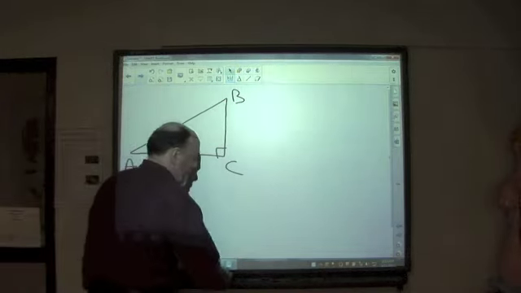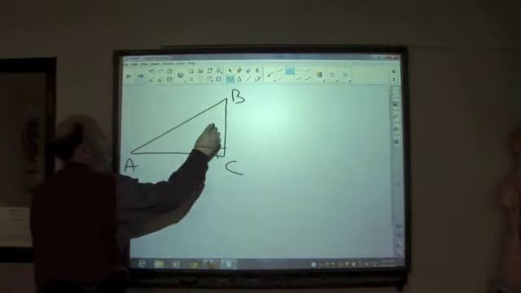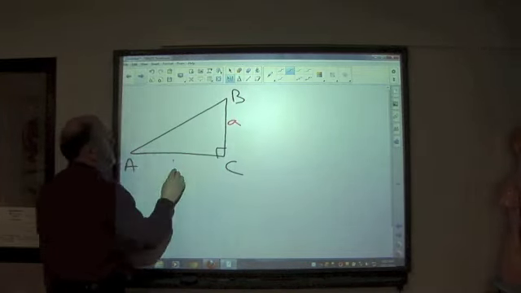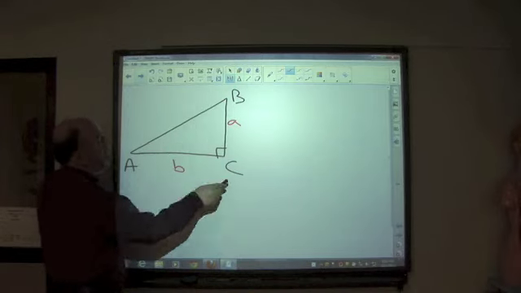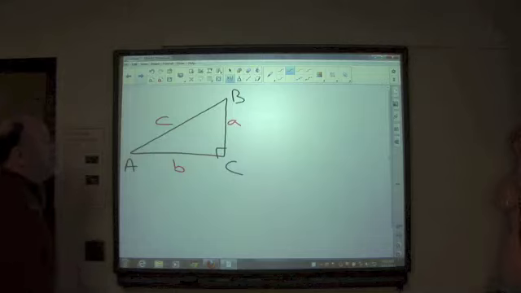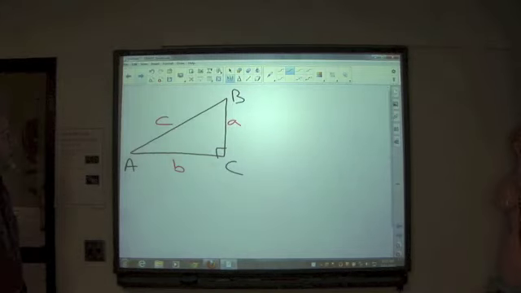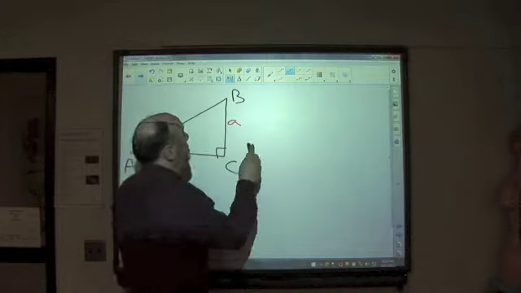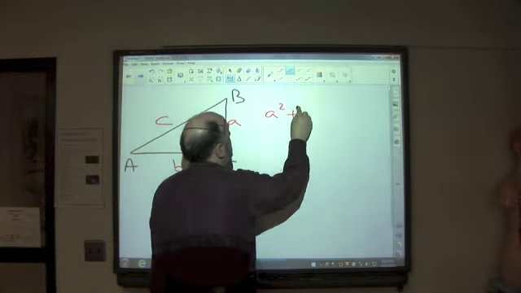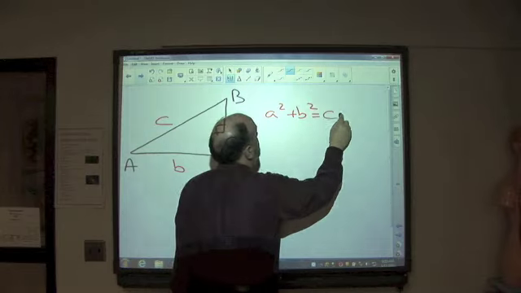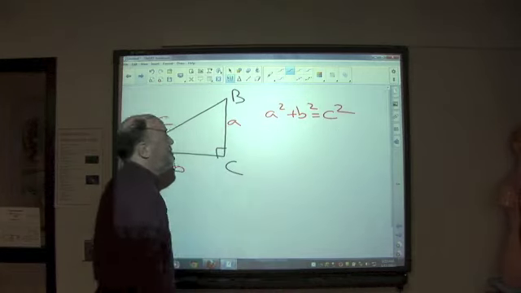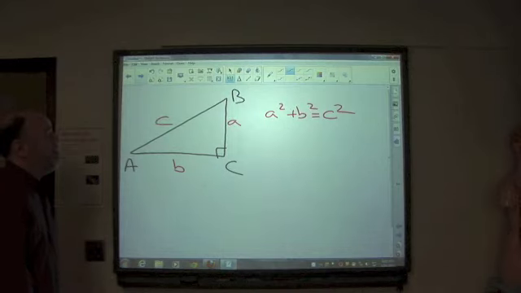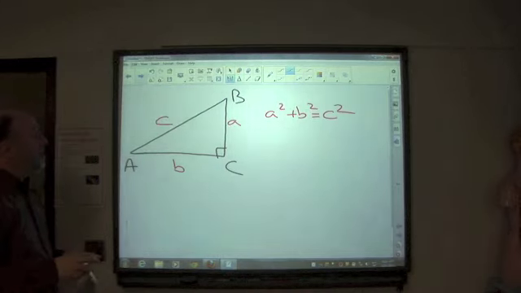Side A is opposite angle A, side B is opposite angle B, and side C is opposite angle C. For a right triangle, there's at least one equation everybody remembers, the good old Pythagorean theorem: A squared plus B squared equals C squared, where A and B are the legs and C is the hypotenuse.